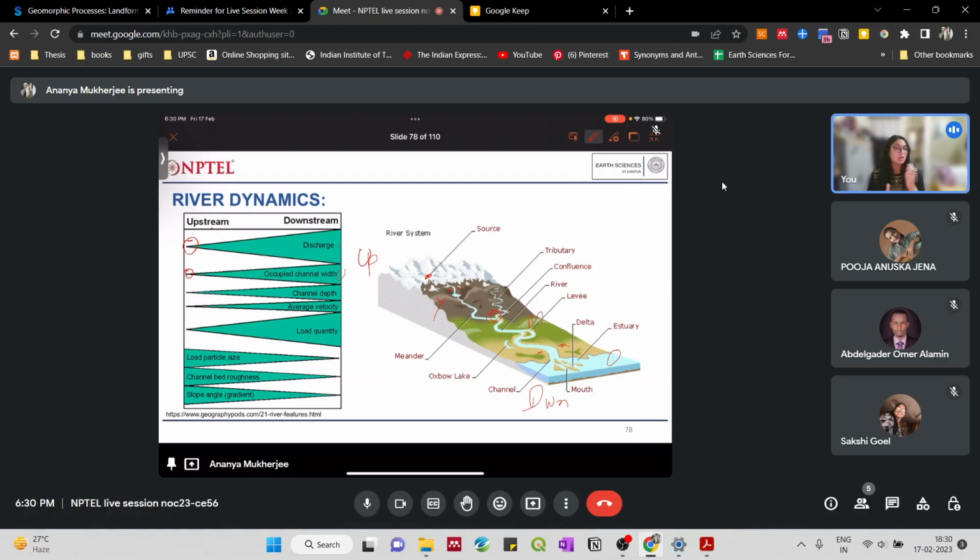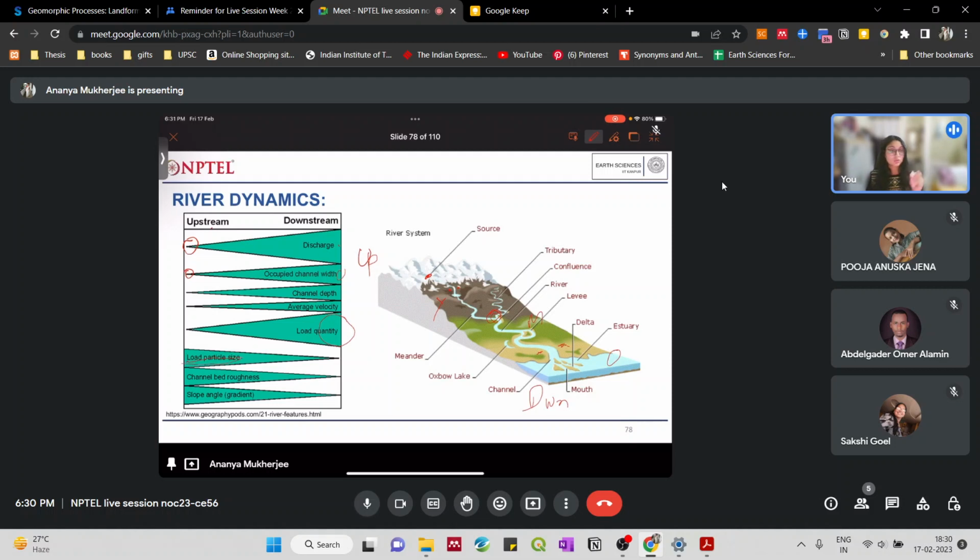The average velocity of the water flow is in moderate ranges between the different stages of the river. The load quantity is highest in the downstream area, but there is an inverse relationship with the load particle size.